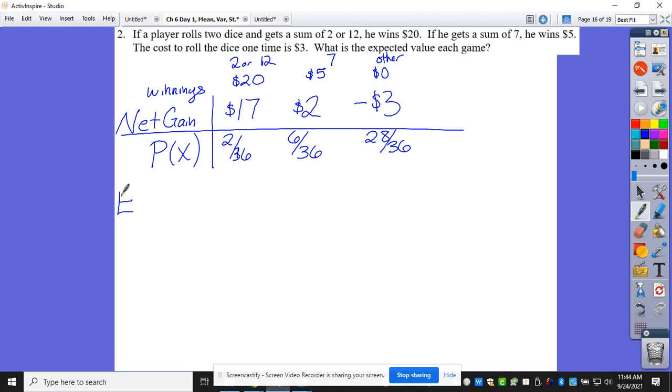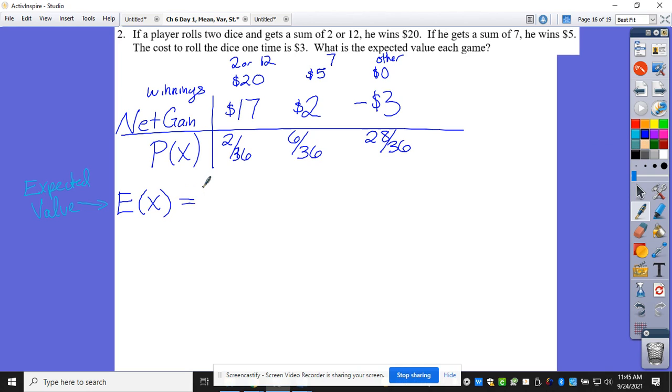And then this is my symbol for expected value, which I'm just writing instead of mean. I'm dealing with the net gain stuff.